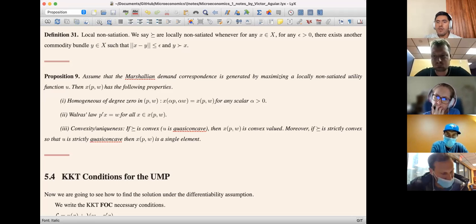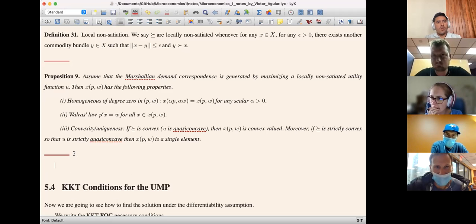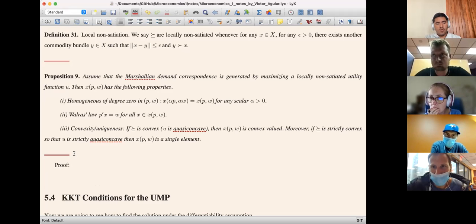Because of non-satiation, there is always a different consumption basket that is preferred to any consumption basket.